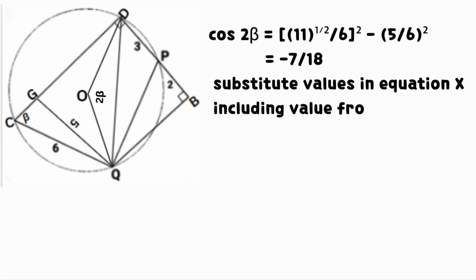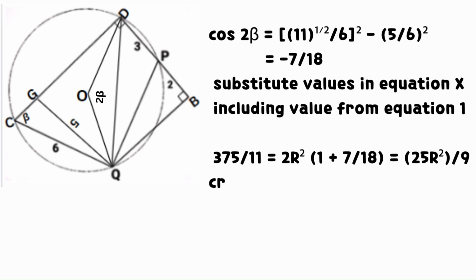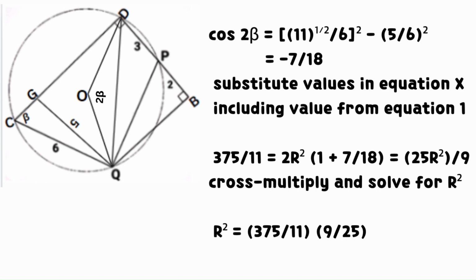Cosine 2 beta equals -7 divided by 18. Substitute values in equation X, including the value from equation 1. Simplify, combine like terms and solve for the square of R. We obtain that the square of R equals 135 divided by 11.